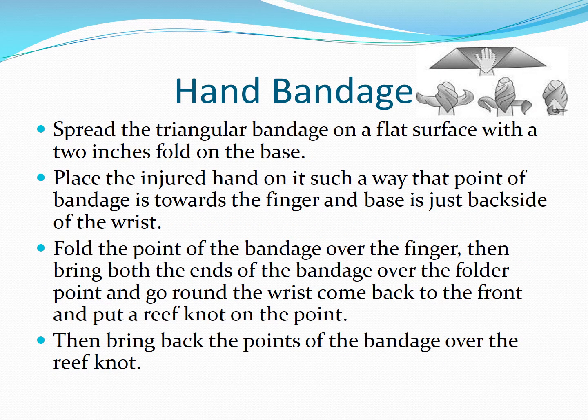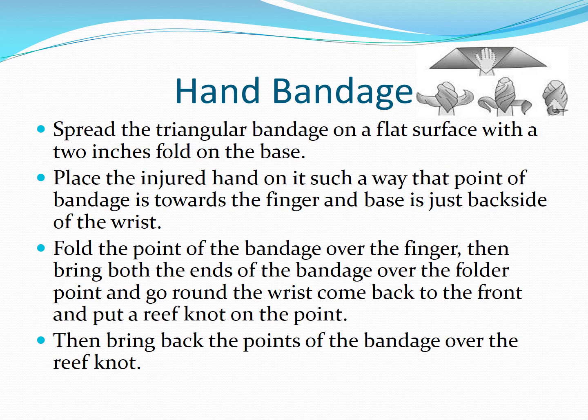Hand bandage. Take a triangular bandage. Spread the triangular bandage on a flat surface with a 2 inch fold on the base. Place the injured hand on it in such a way that the point of the bandage is towards the fingers and the base is just at the back of the wrist.